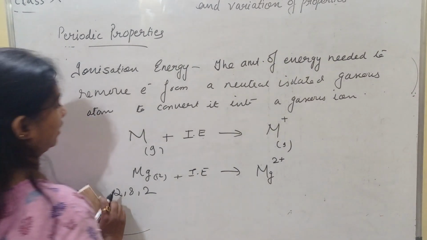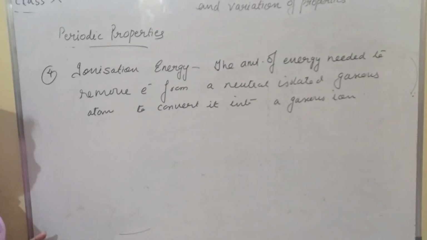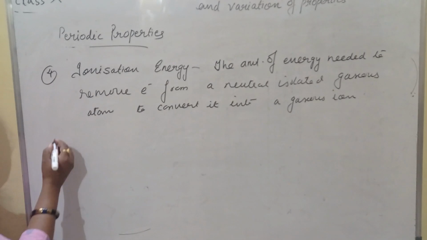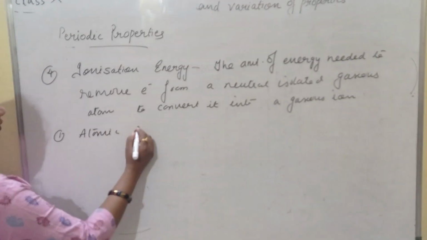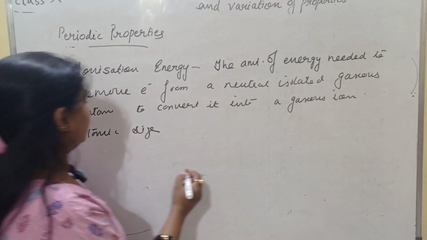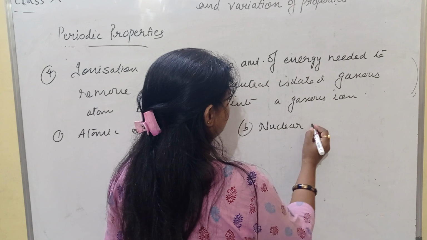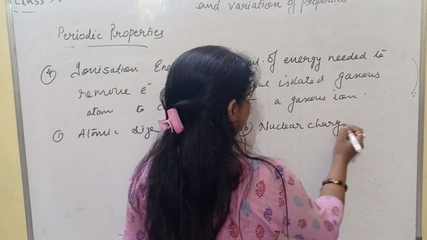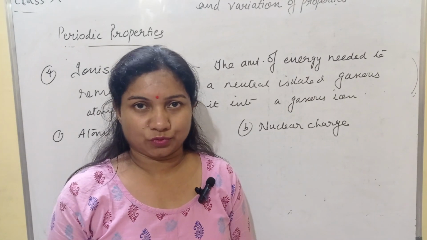It depends upon 2 factors. The factors are the same for all the periodic properties. What are the factors? Atomic size and nuclear charge. The trends in these periodic properties we will see in another video.